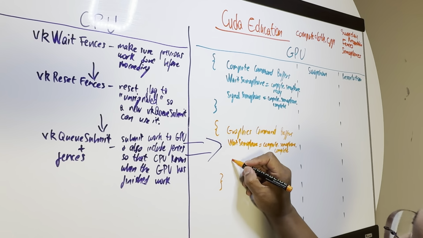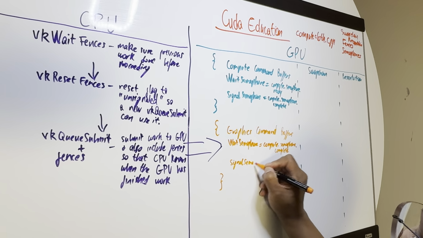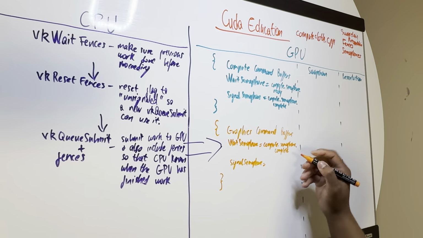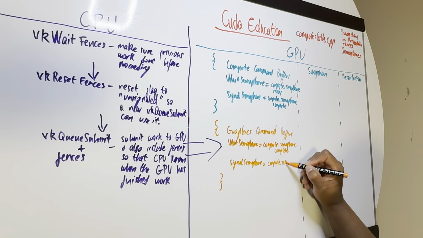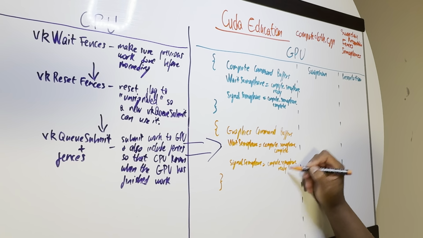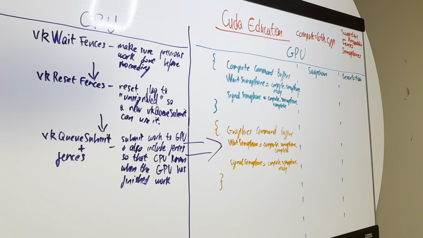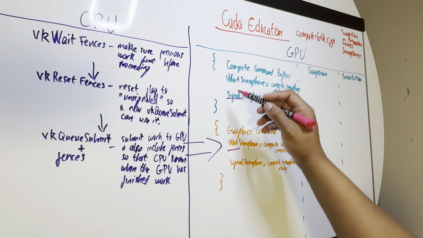And then on the signal side, we're going to have compute.semaphore.ready. Notice that the signal and the wait are the same, right?